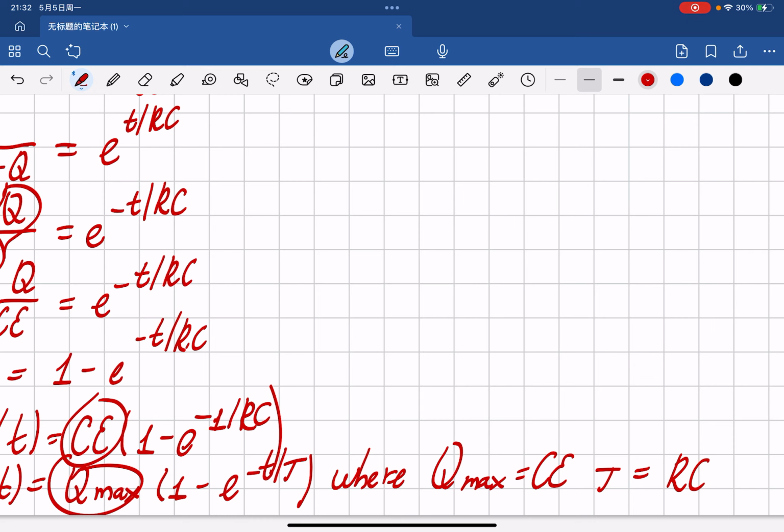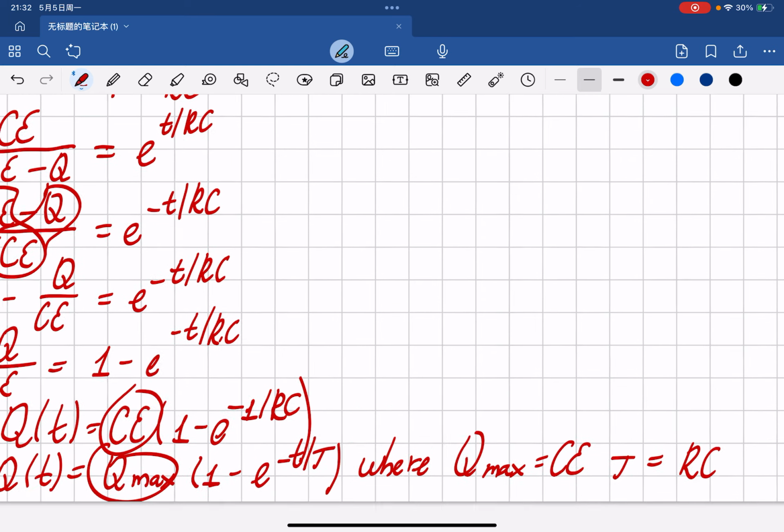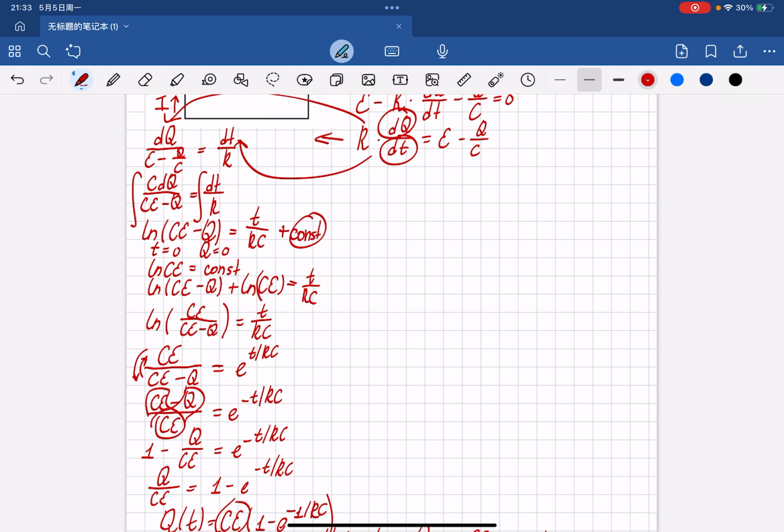And what does it mean? At time equal to 0, charge will be equal to 0, and as time increases, Q of t gets closer to Q max.